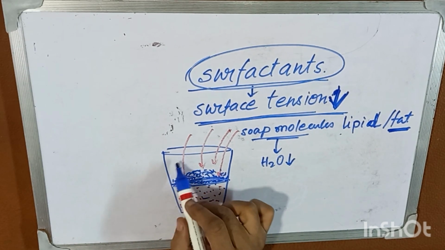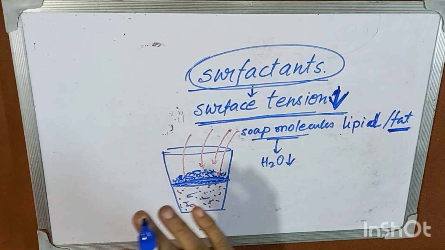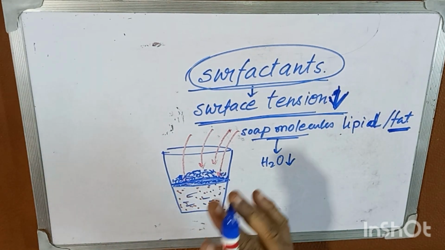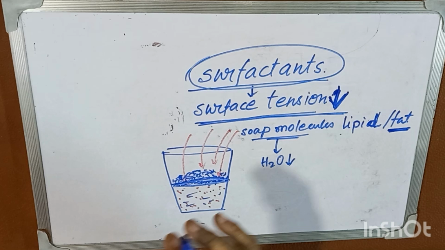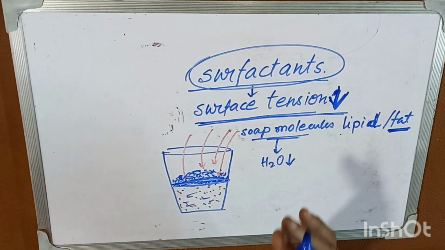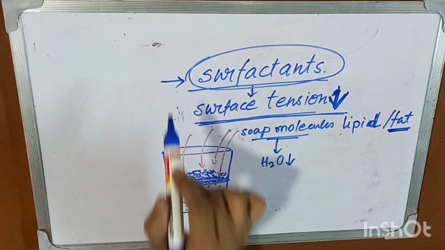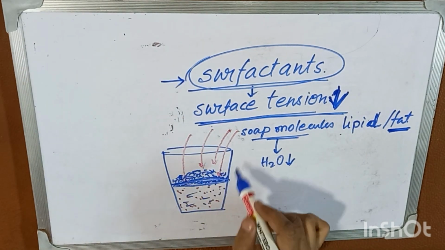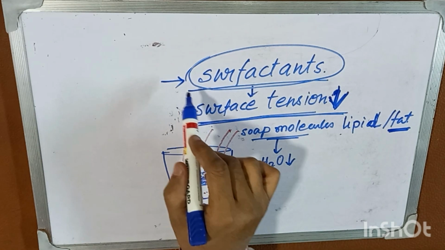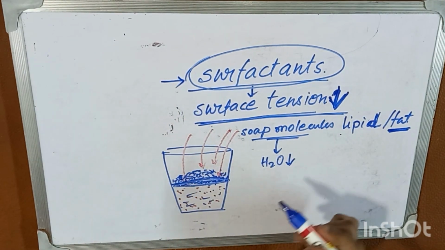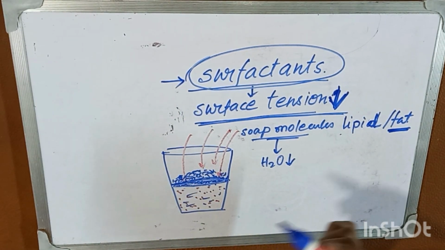Each and every bubble piles up one upon another, and there is a huge increase in surface. So this is the role of surfactants in the physical phenomenon. I have explained why surfactants act in a physical way.